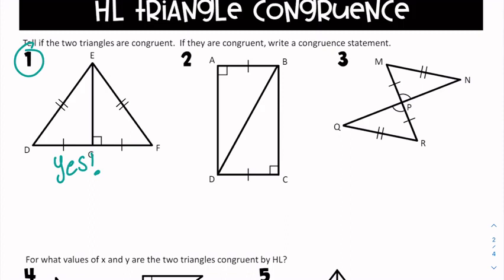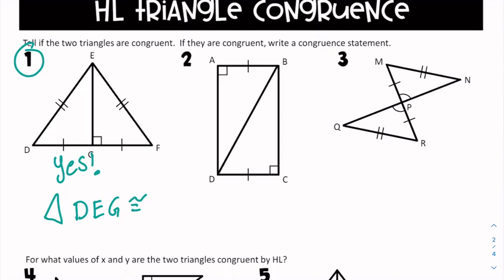And then finally, that answers part of the question. The other is write a congruent statement. So that means we have a triangle, and we're going to name the triangle. We have triangle DEG. So I'm going to write triangle DEG is congruent to triangle.